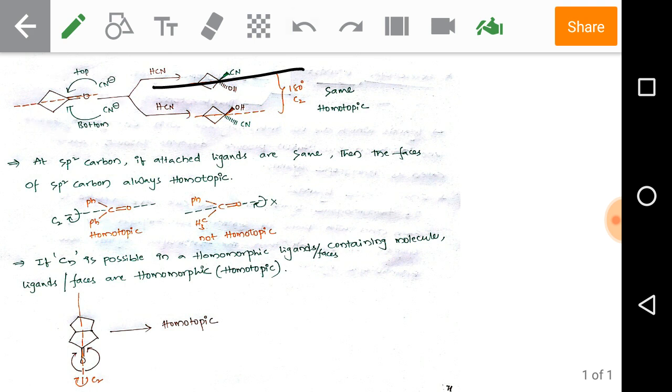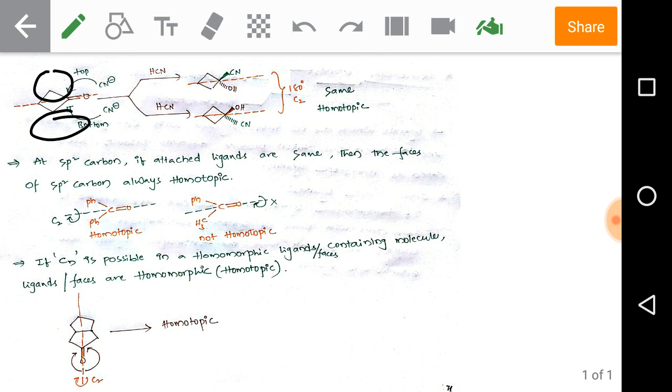Because we already said that on an sp2 carbon, if similar groups are present, then the resultant stereoisomers simply become homomers, and the phases or the ligands on the substrate are in a homotopic relationship. Here, just consider we have two similar methylene groups on the plane.